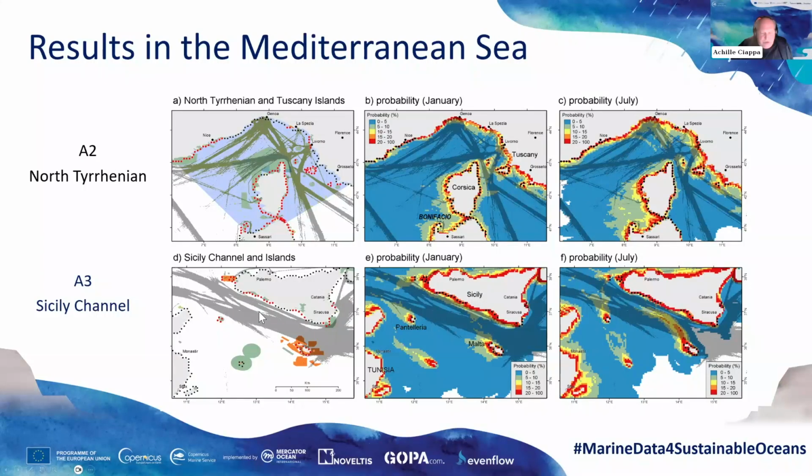At the bottom is shown the Sicily Channel, and it's interesting to note that in summer, in July, for the island of Malta or Pantelleria, there is a huge probability that the oil spill can reach the northwestern part of this island.